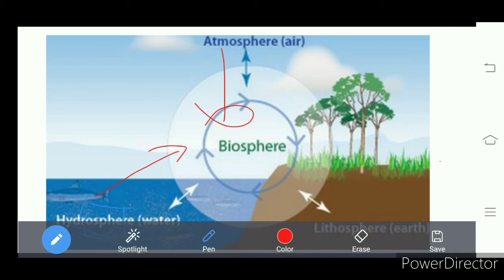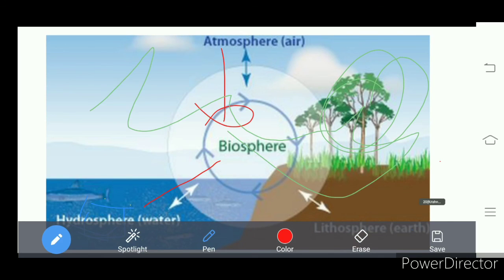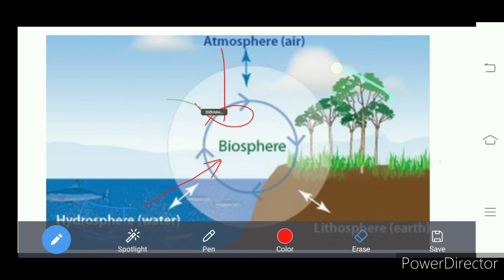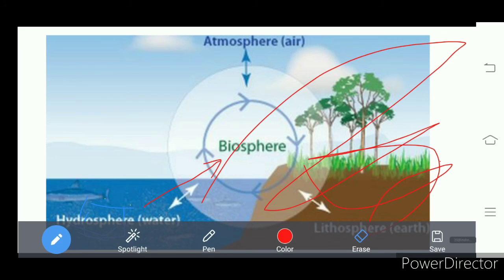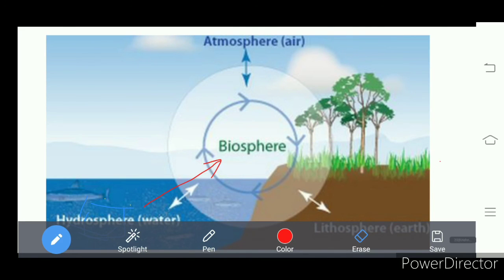It means that there is an interrelationship between hydrosphere and biosphere. In the same manner, we find a relationship between atmosphere and biosphere. Atmosphere is also essential for us.